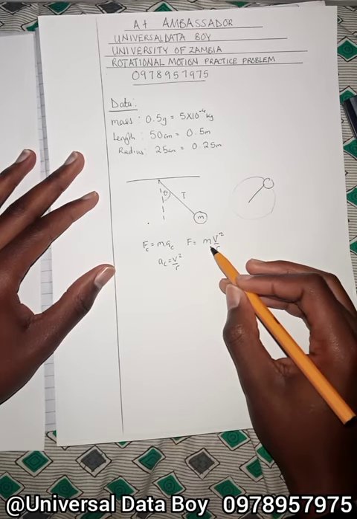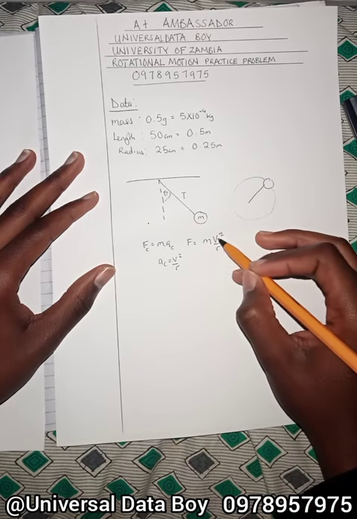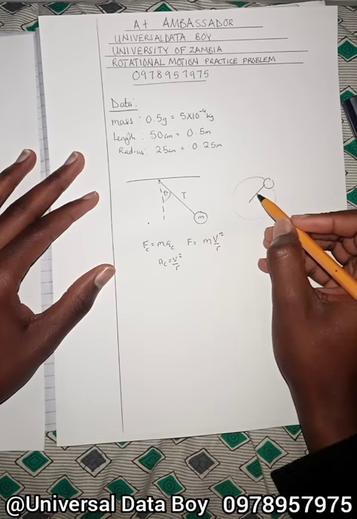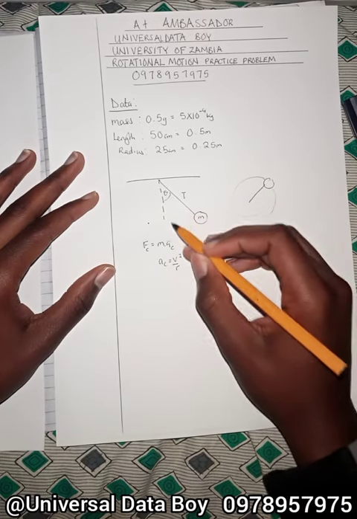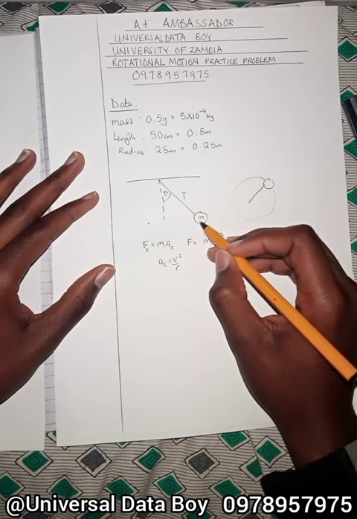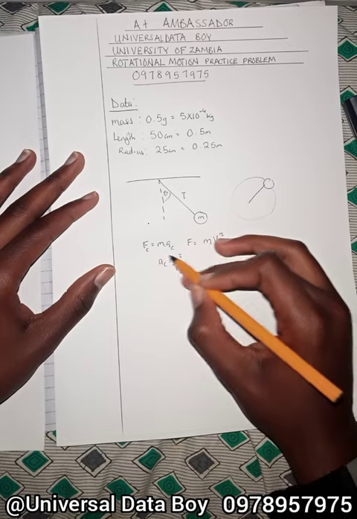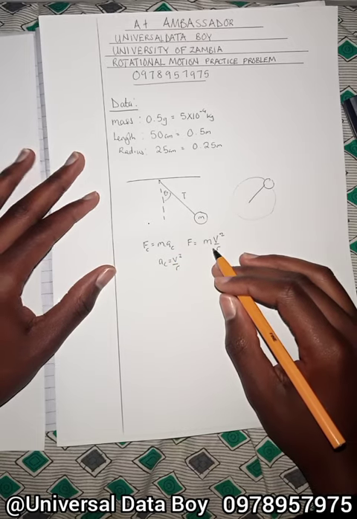And since we have the radius and the mass, we can find the velocity immediately we find the force. So now the force will be the centripetal force, and we're going to have some centripetal acceleration.